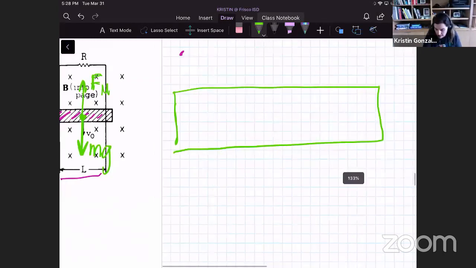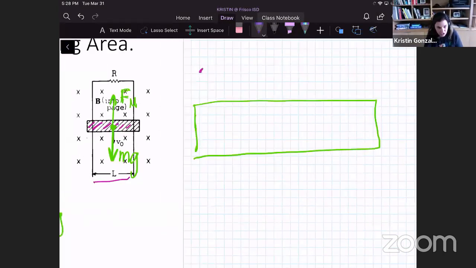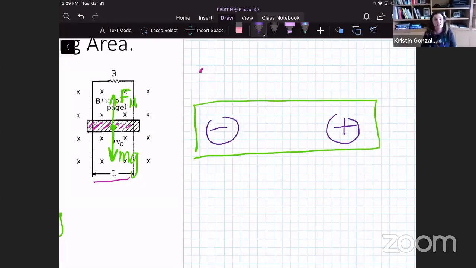If we have positive and negative charges in there and those charges are moving, maybe they're evenly spaced out throughout, but if I just look at one of each of those, each one of these, because the bar is moving down, has a velocity down that is moving at the same rate. So if these charges are moving and they exist in a region where there is a magnetic field, what do moving charges experience?